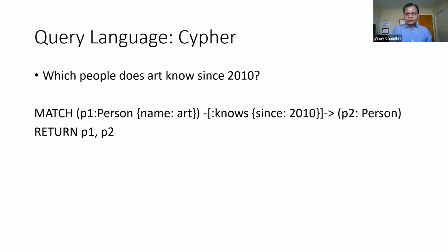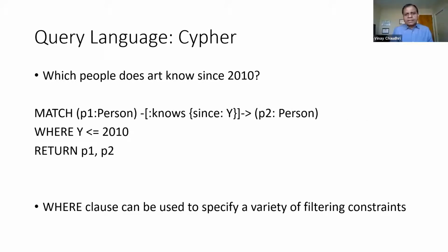Now, suppose you wanted a slightly different definition, in that we are looking for people who Art has known not just since 2010, but also before 2010. So let's say we wanted to write that query. In that case, on the since property we would put a variable, and then we would introduce a where constraint which says that y has to be less than or equal to 2010.